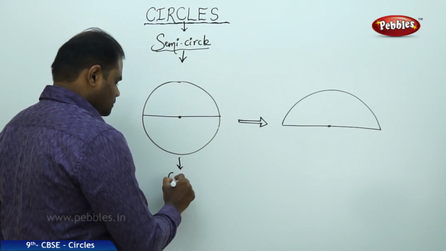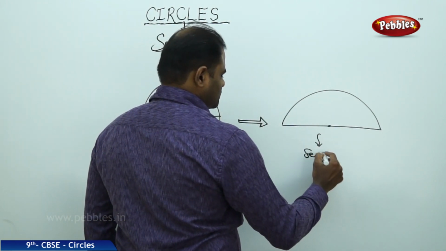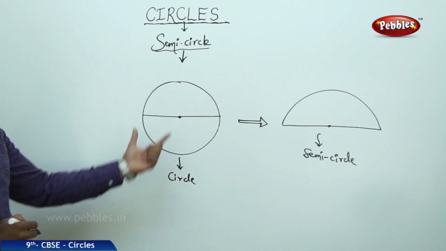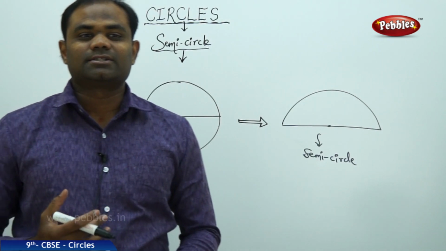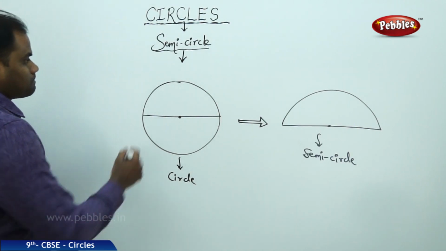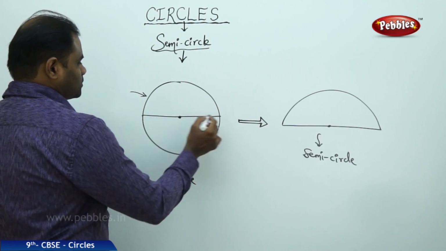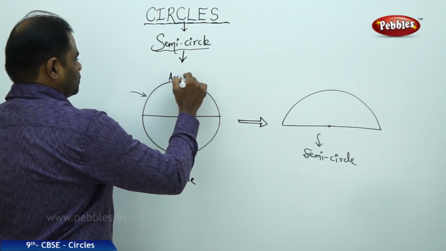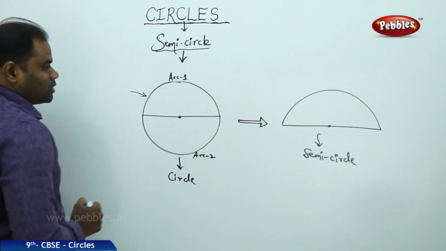So here, this is a circle and this is a semicircle. For the circle and the semicircle, let's see the lengths of arcs, how the arcs are defined. So for this, I have two arcs which are formed along the diameter. This is arc 1 and this is arc 2, which are of equal lengths.